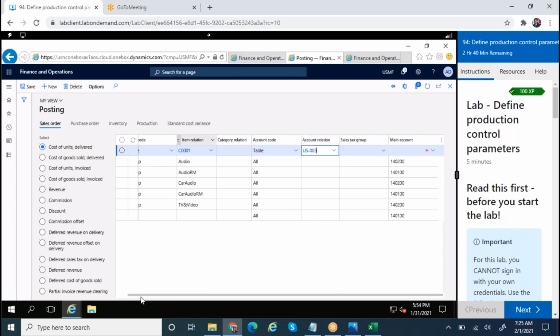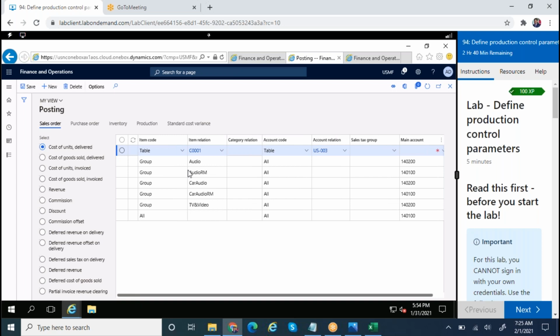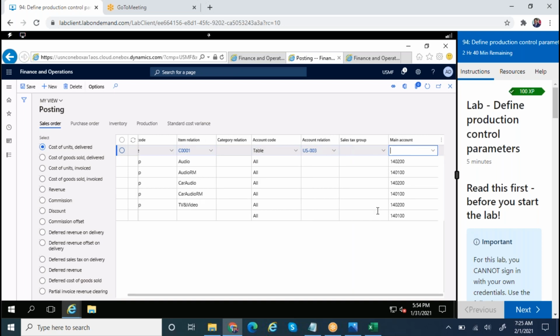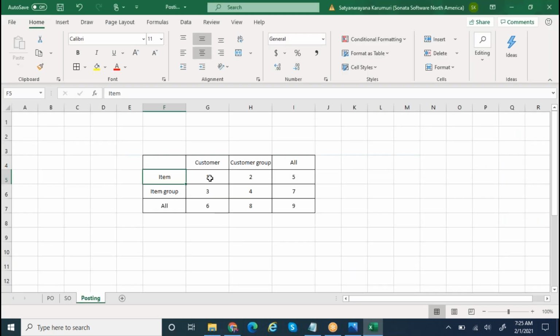Understood? For item C001, customer US003, I can map ledger account. This is first priority.